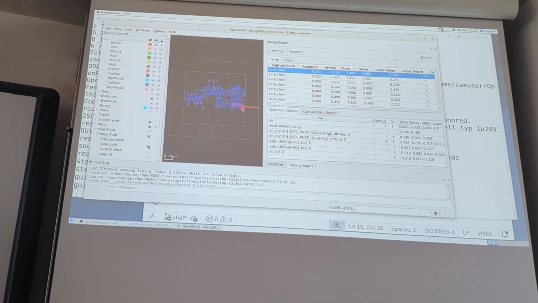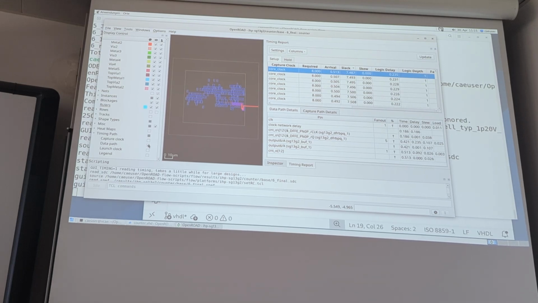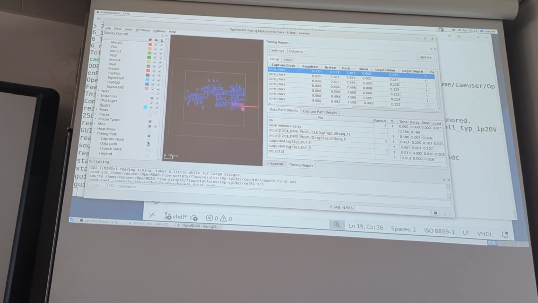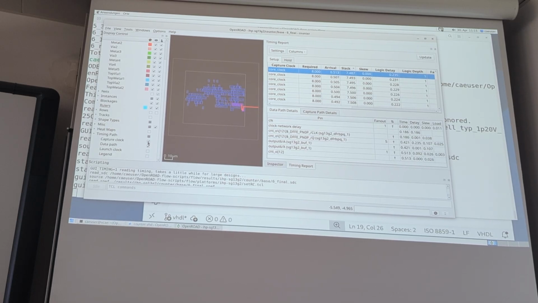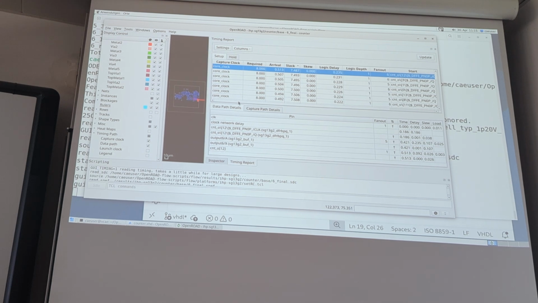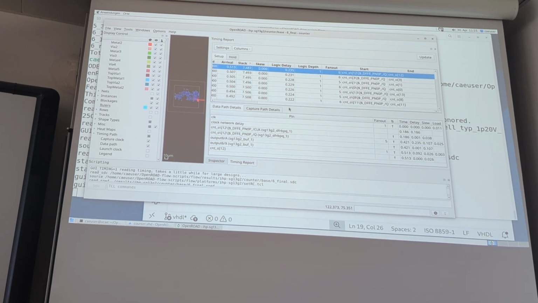If we try to set the launch clock, we see it, but there is no capture clock because this is now a path to the output. So we start at a flip-flop, the count flip-flop, and the output is count O 12.